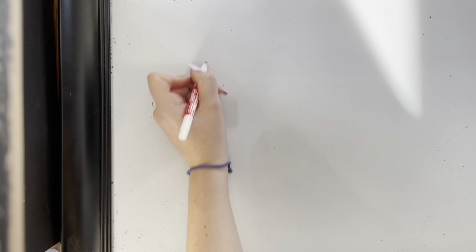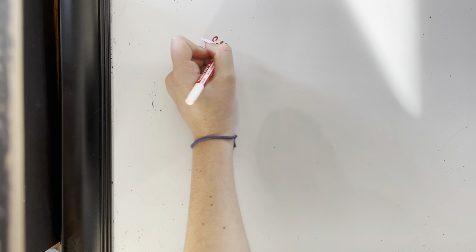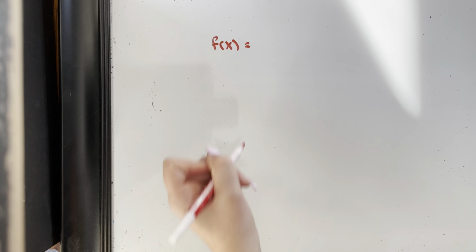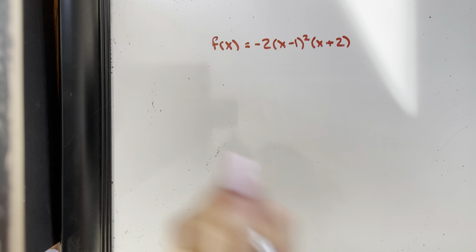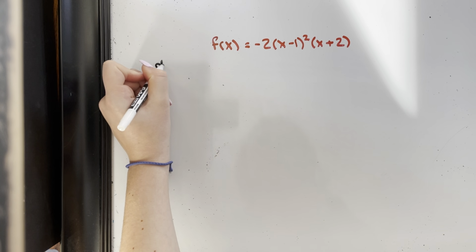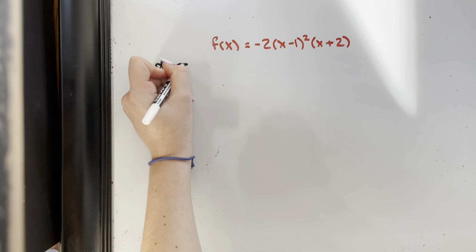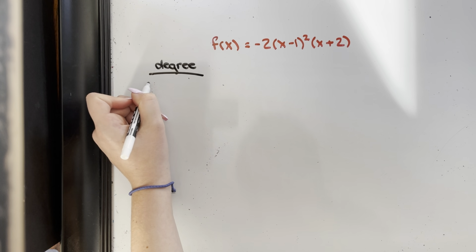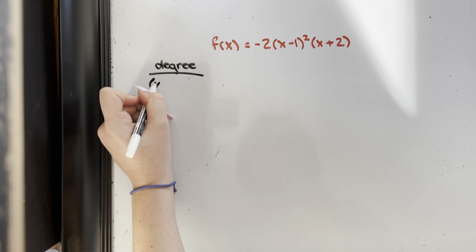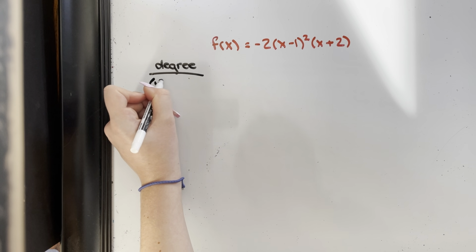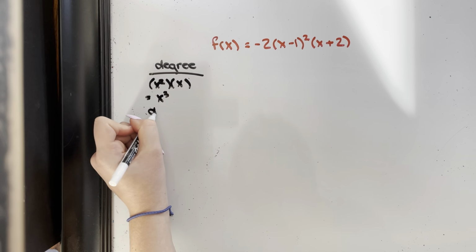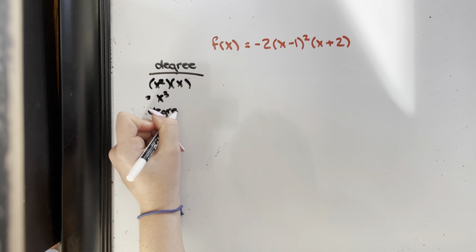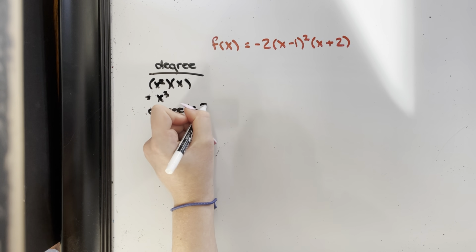So the first example we're going to start off with is going to be this one here. Okay, so first we're going to find the degree. So we have an x squared and an x. So we get x cubed. So the degree is 3.